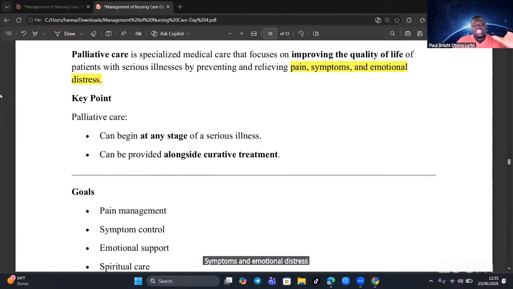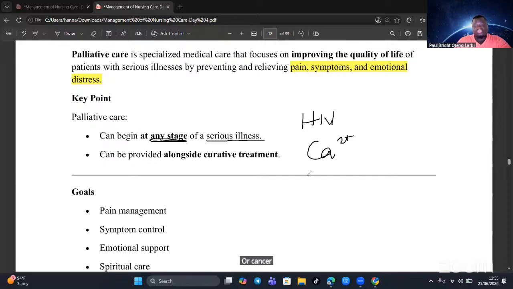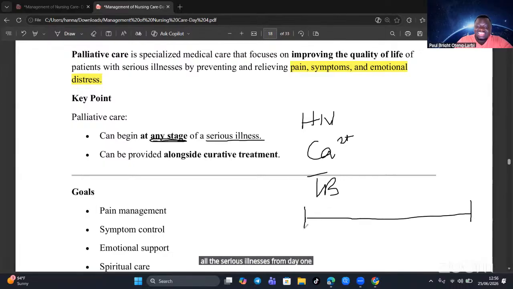So palliative care, remember, it begins at any stage of a serious illness. Somebody has gotten HIV or cancer, tuberculosis, all these serious illnesses from day one till the day they will die.